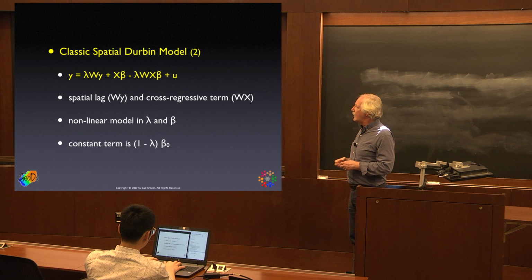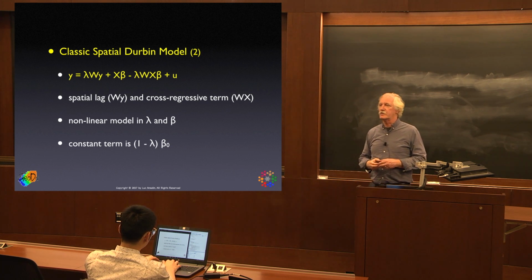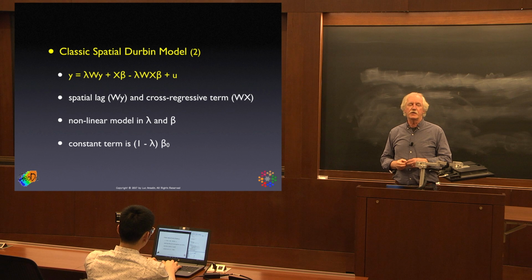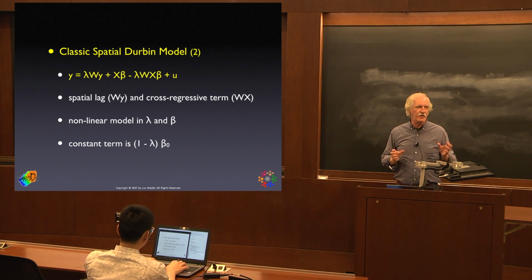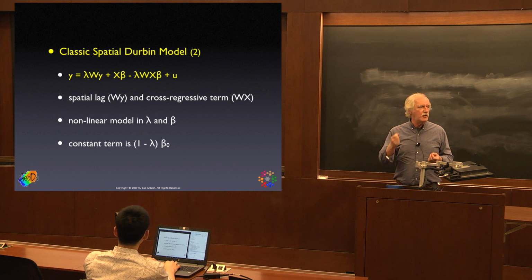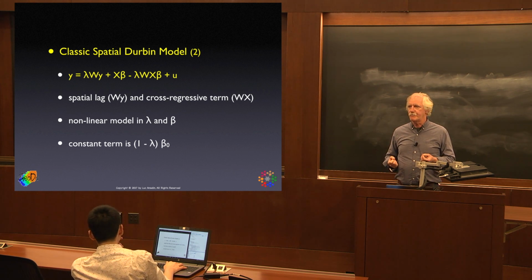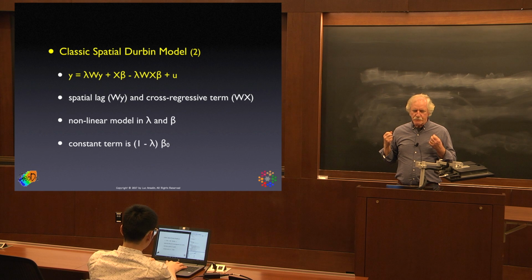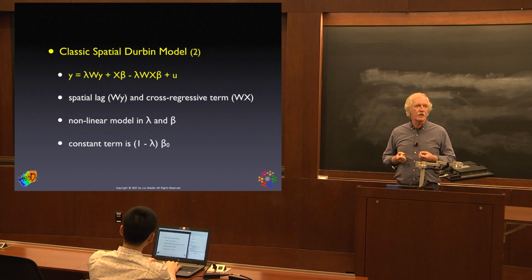And then we have the coefficients of Wx. And the coefficients of Wx are not just anything. They are the product of lambda with each of the betas. Okay. So that's a nonlinear model because it's the product of two parameters. I mean, if you want to make it explicit, it is nonlinear.